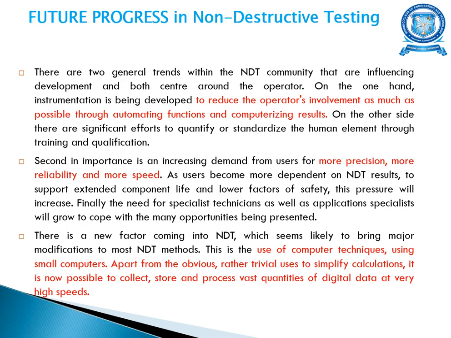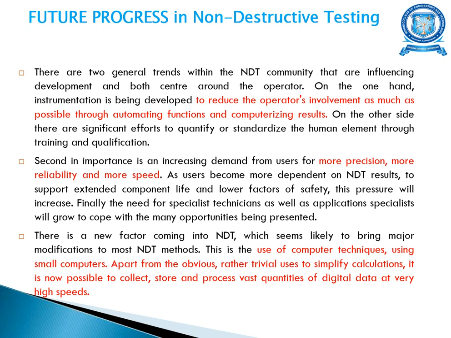And these are all the future progress in non-destructive testing. There are two general trends within the non-destructive testing community that are influencing development, and both center on the operator. On the one hand, instrumentation is being developed to reduce the operator's involvement as much as possible by means of automation and computerizing results.